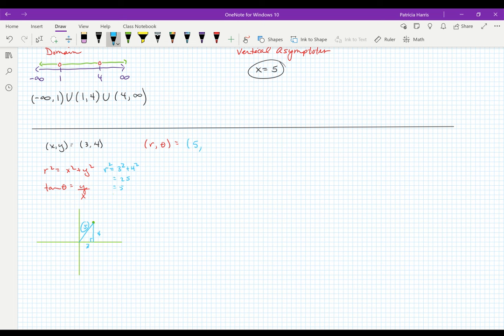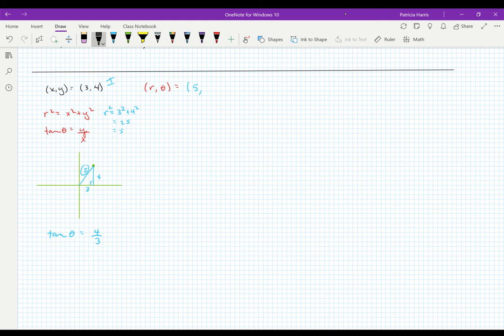Now we need to do tangent. This point right here is in quadrant 1, so whatever angle we get for theta should be in quadrant 1. We're going to get our calculators out and ask, tangent of theta is 4/3.